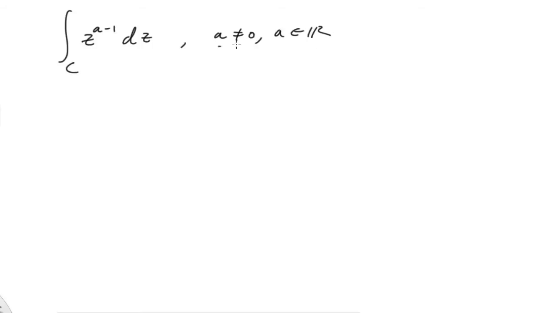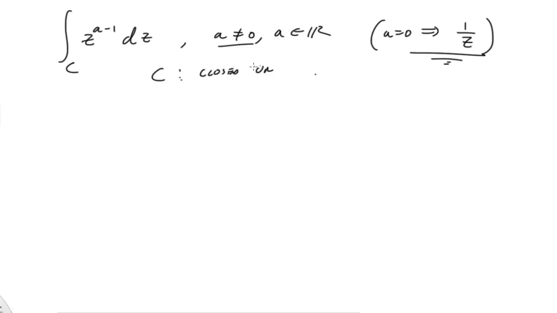When a is equal to 0, the integrand becomes 1 over z, and we're going to approach what happens in that case in a second. But right now, let's take c to be a closed curve. We're going to take it to be smooth. It'll be a circle.